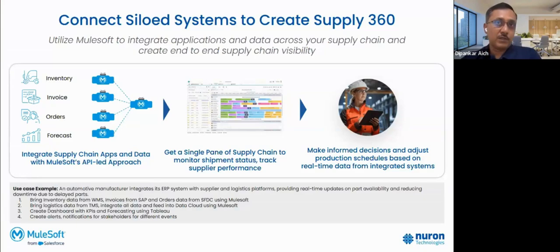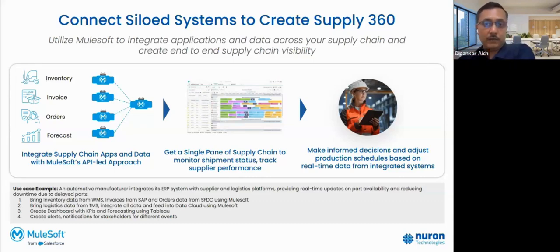So if you have ERP system, there are data, invoices, purchase orders, inventory, all residing in different systems. Say for example, in SAP you have invoices, you have order data in Salesforce or in Oracle, you have logistics data in your transport management system. So how would you integrate these systems, bring this data together in one single dashboard, right? Which will help you to take much more informed decisions and adjust your overall production schedule based on the real-time data that you get from this integrated system.